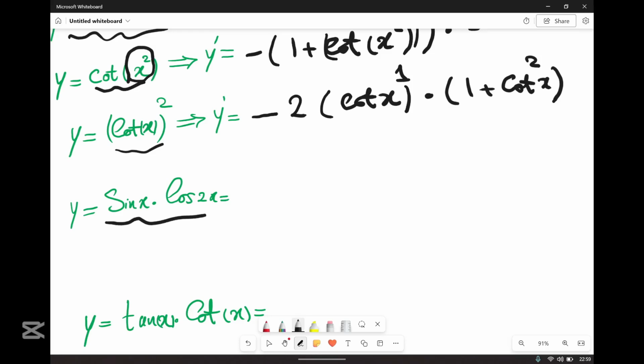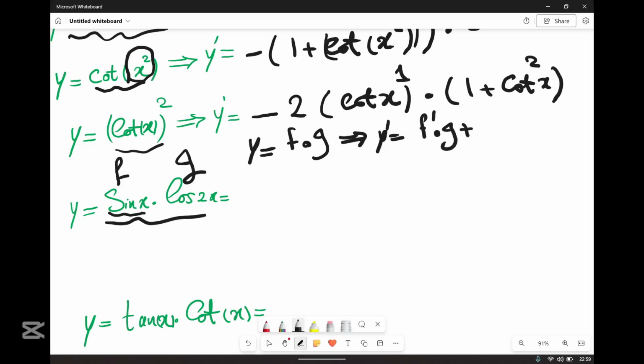If you follow our previous session, you know that this is f, that is g. Therefore, if your function is the product of two functions, the derivative is f prime times g plus g prime times f.